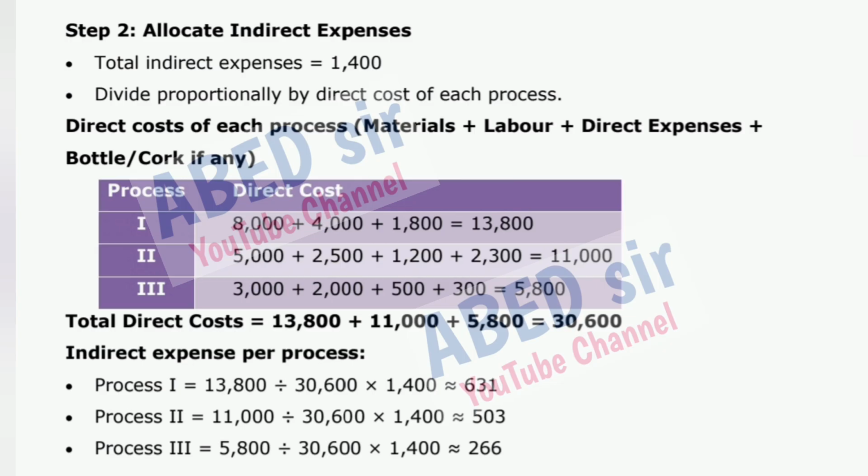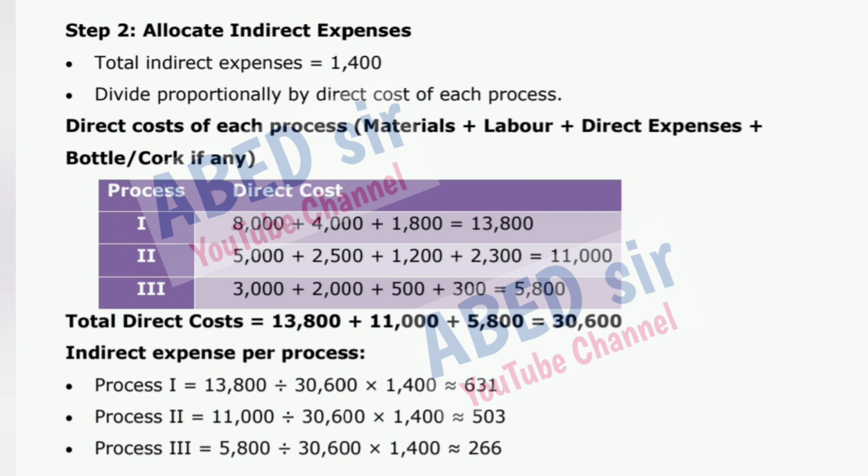Process 2: 5,000 plus 2,500 plus 1,200 plus 2,300 equals 11,000. Process 3: 3,000 plus 2,000 plus 500 plus 300 equals 5,800. Total direct costs is equal to 13,800 plus 11,000 plus 5,800 equals 30,600.